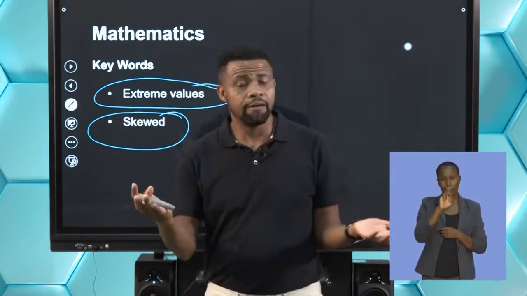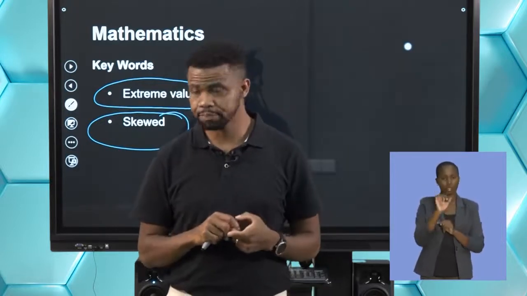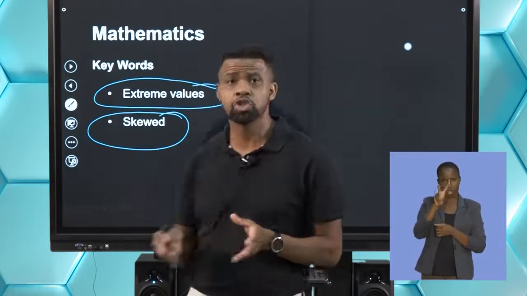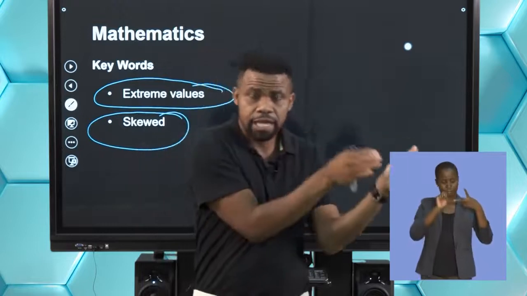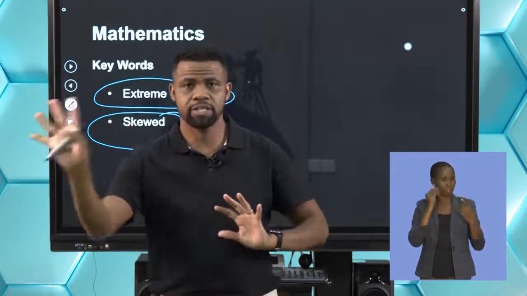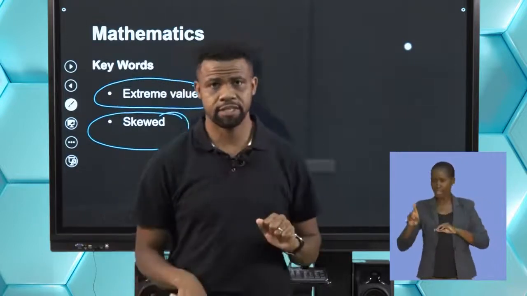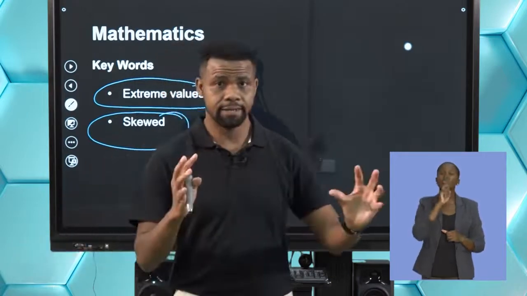They can affect your average, which is the same as the mean. When we talk about skew, we talk about whether your data is to the left, to the right, or symmetric, where one side of the data is the same as the other side. We'll use the whisker plot to explore that.